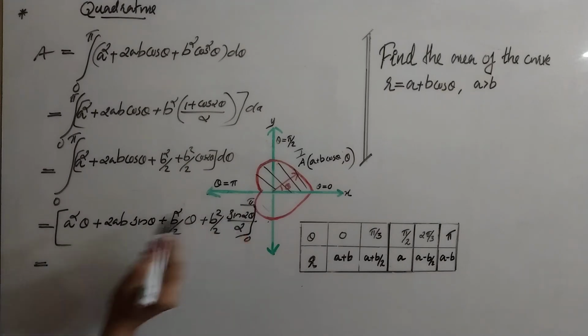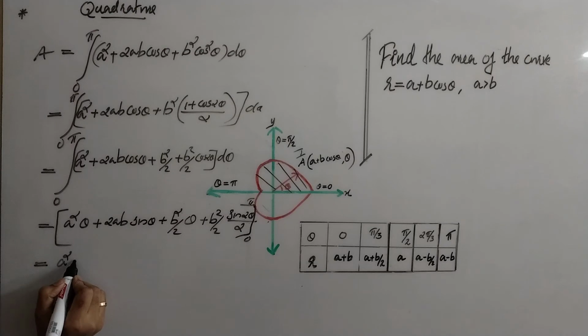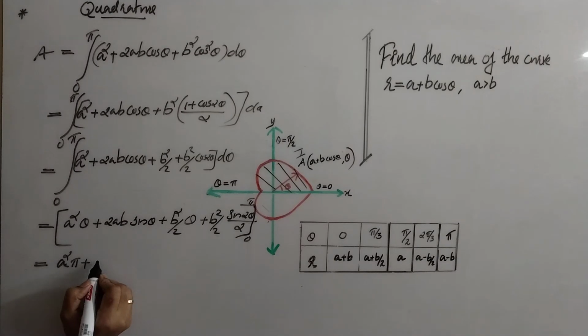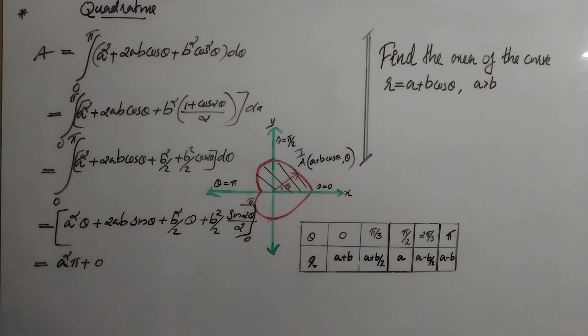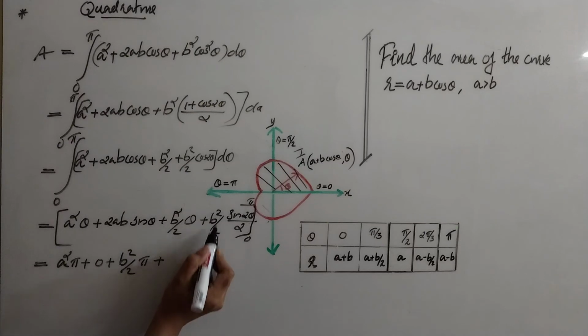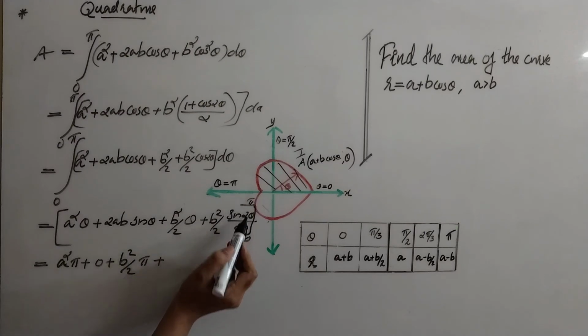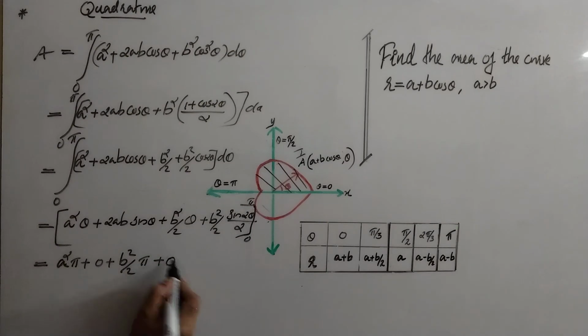Now, if you apply the upper limit, a squared into pi plus 2ab sin pi, that is 0, since sin pi is 0, plus b squared by 2 pi plus b squared by 2 into sin 2 pi, that is also 0.